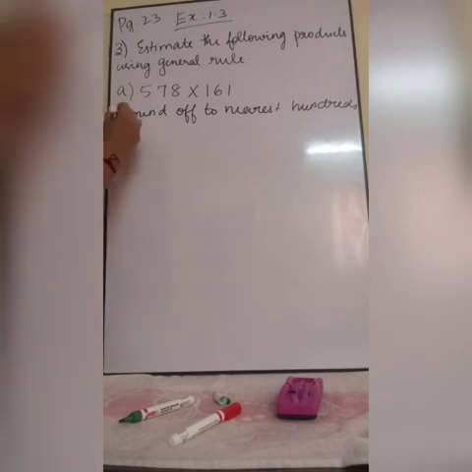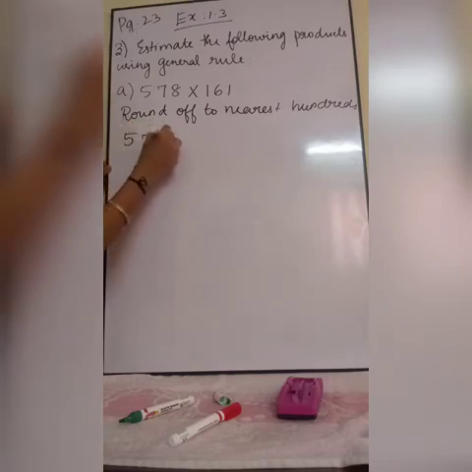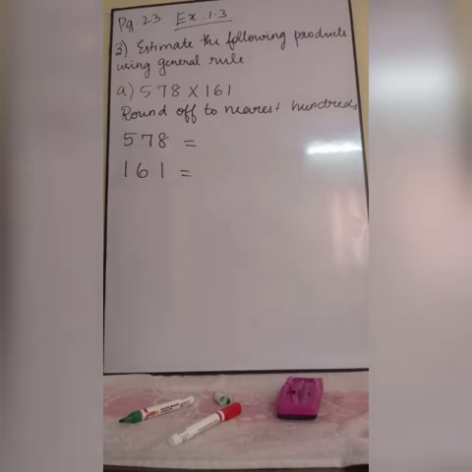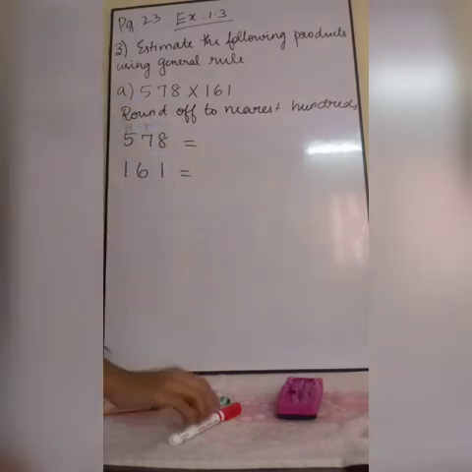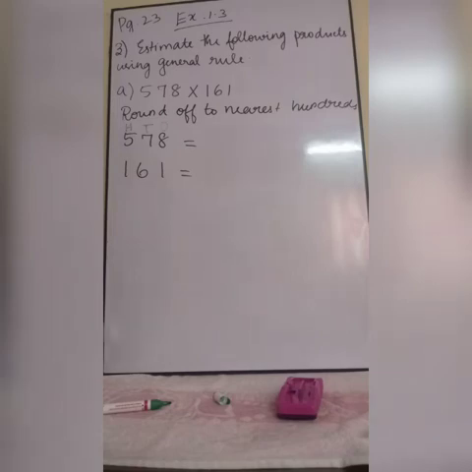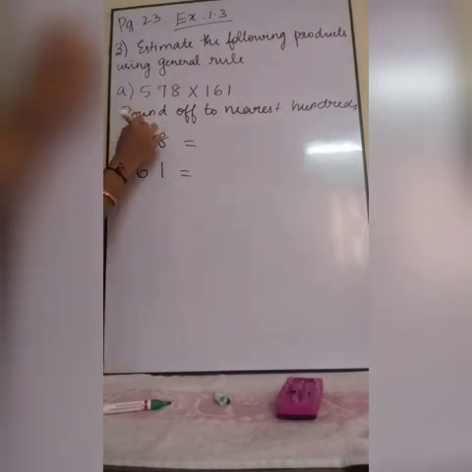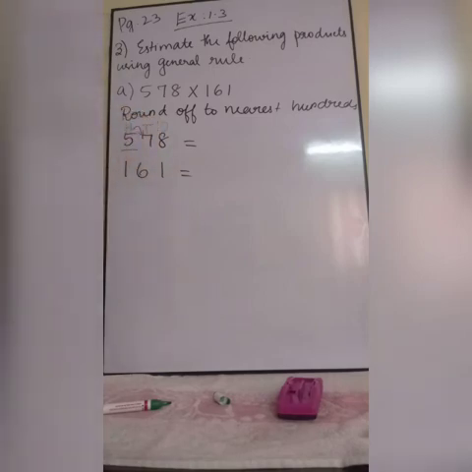No other thing. Now, 578, I'm going to round off, and 161, I'm going to round off. Now, ones, tens, hundreds. So, what are you going to round off? Hundreds place. So, where will you check? Ones place. Ones place is what value? 7. 7 means you will add 1 to this hundreds place.